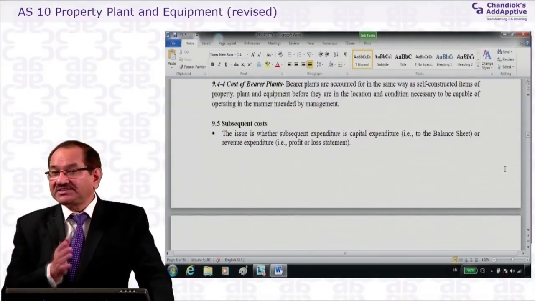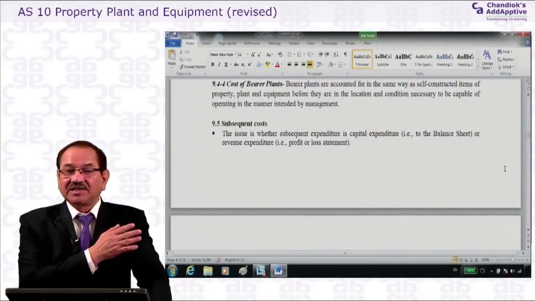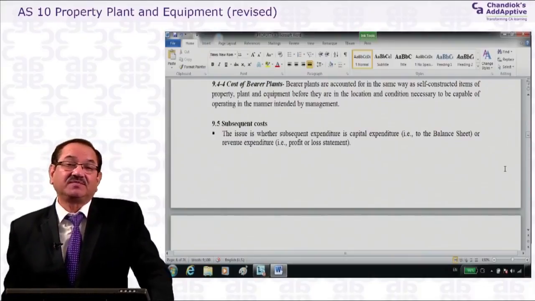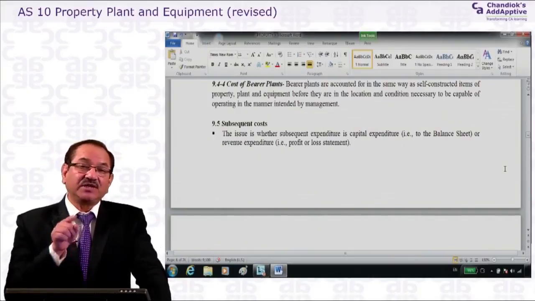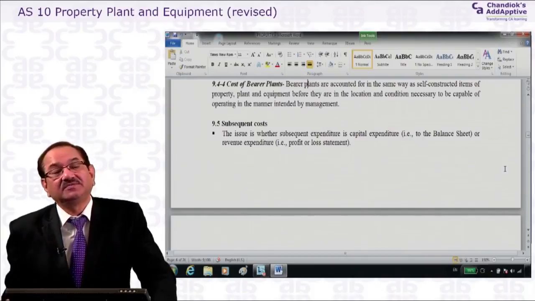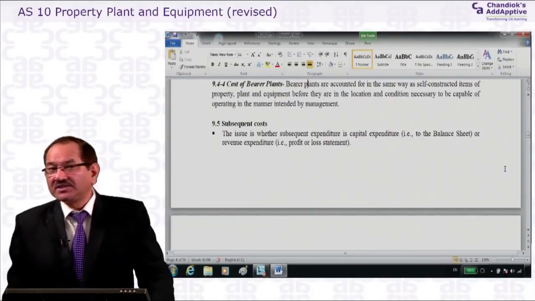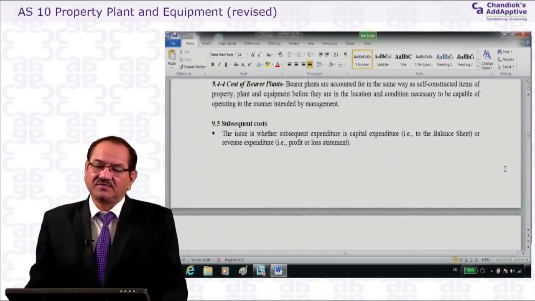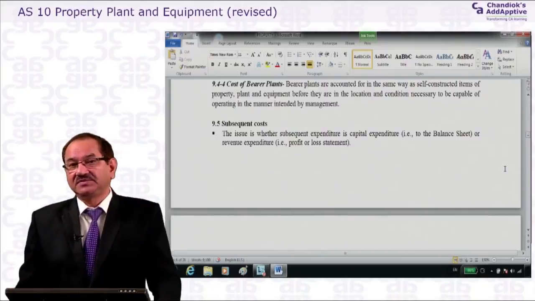There may be some mismatch with other standards, because at present we have no standards based on fair value. This is the first standard where you are including the cost of dismantling at present value, which is the fair value. When we talk about self-constructed assets, we didn't find a difference with the earlier one which you have read in your PCC.